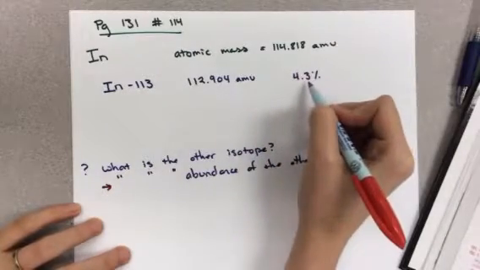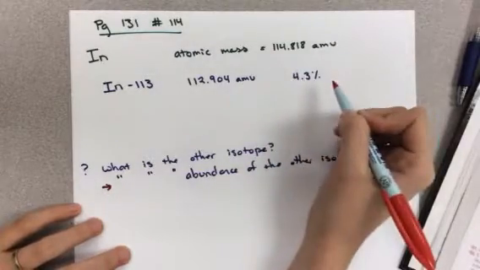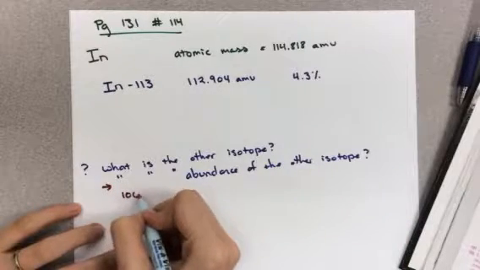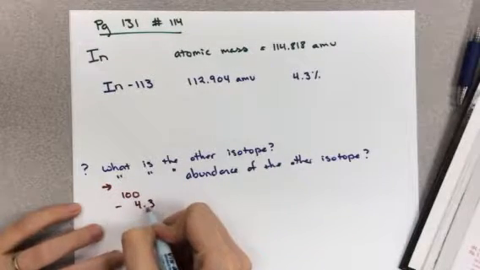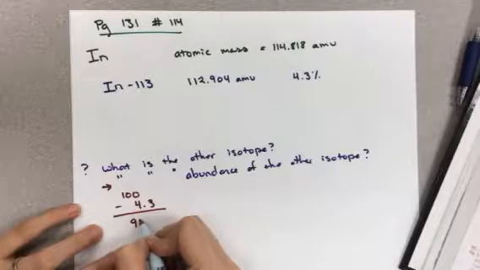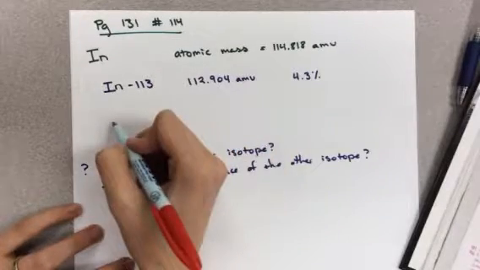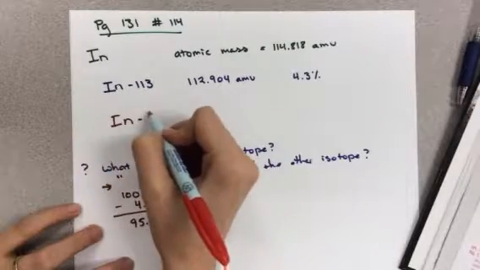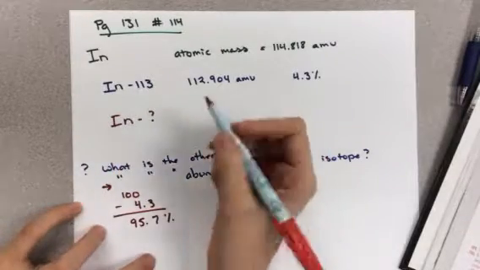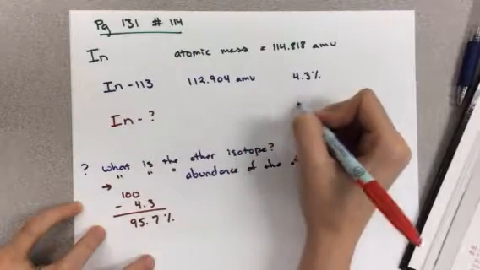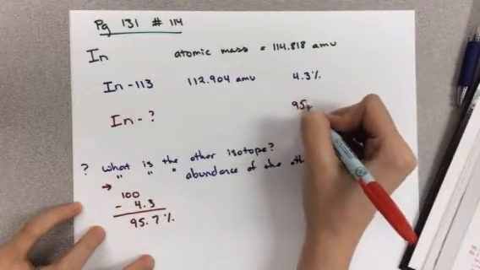If one of the isotopes is 4.3%, then all we have to do is 100 minus 4.3, and we should get 95.7%. So indium, and this is our mystery isotope, we don't know its mass, but we do know that it's 95.7%.